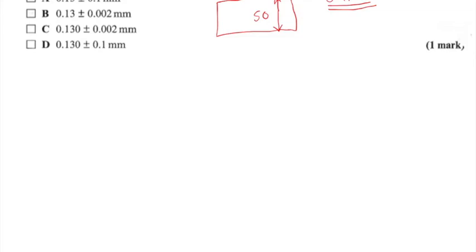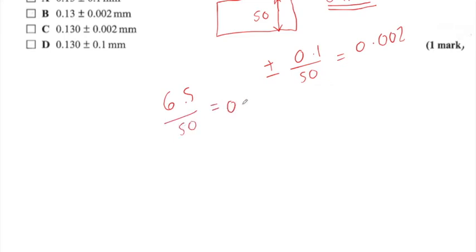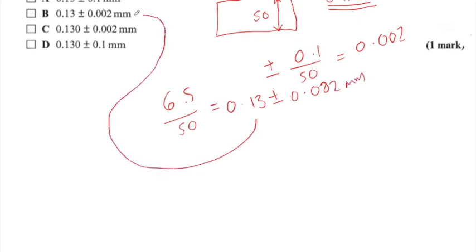So the error of plus or minus 0.1 millimeters becomes plus or minus 0.002. So 6.5 millimeters divided by 50 gives the answer 0.13 plus or minus 0.002 millimeters.